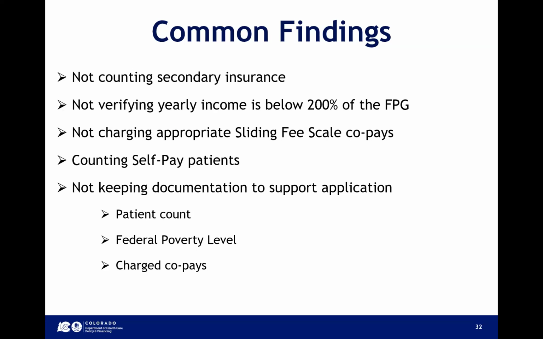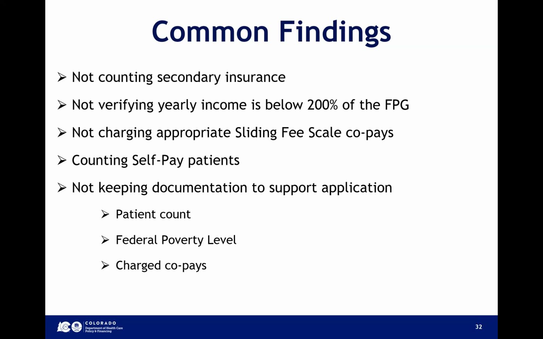So that includes your patient count, your federal poverty levels, and your charged copays. It's important to keep your documentation because the audit team will be looking at the documentation that you submitted for the application and comparing it to the documentation that you give to them at the beginning of the audit cycle.